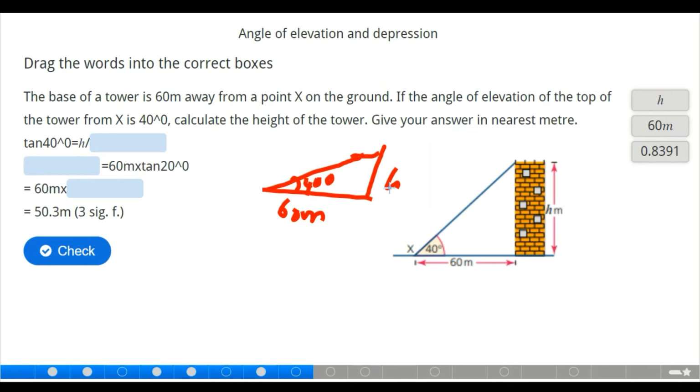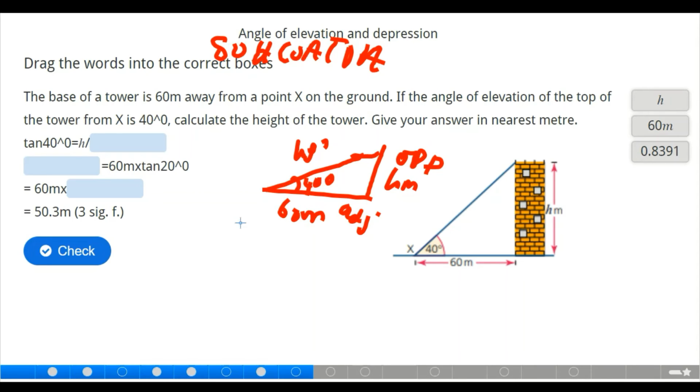H. So if we have height to be h, now this is what? This is going to be the hypotenuse, this is opposite, and this is what? Adjacent. Now having that, we have only adjacent, and we are looking for opposite. So the best rule that we have to use under this SOHCAHTOA is what? We are using tan.